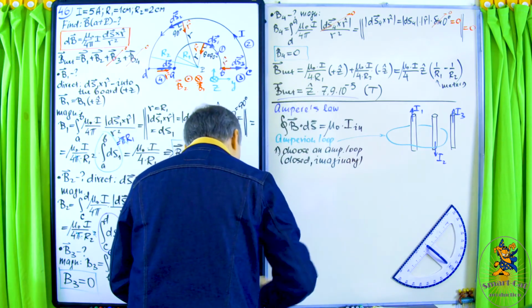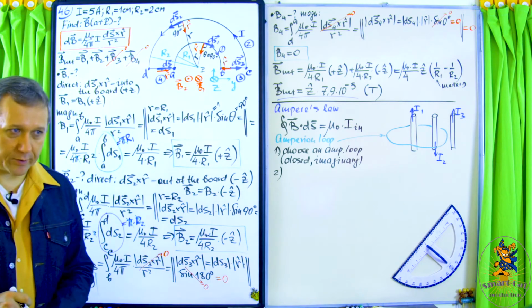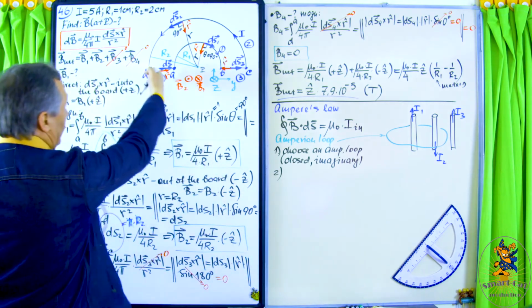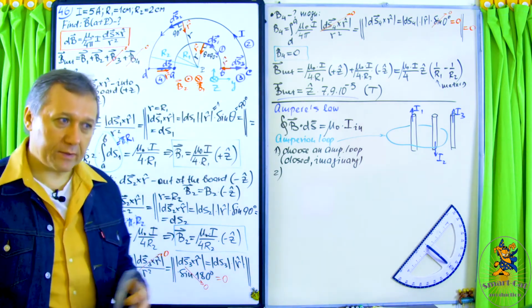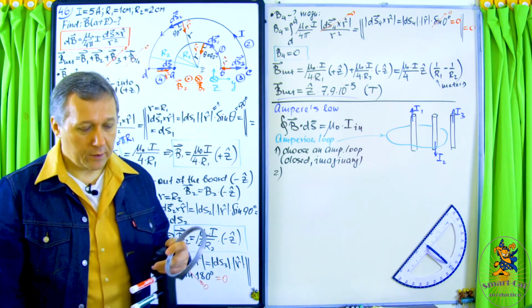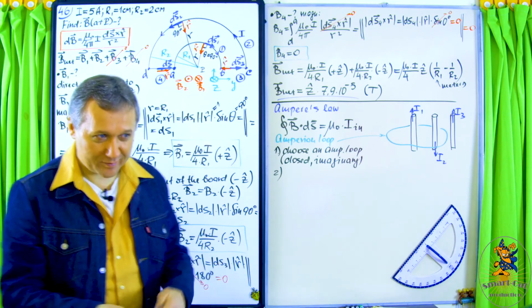So then, second, we need to choose direction of integration. Because whenever you have a loop, and if you start integrating, every time we integrate from A to B, from C to D, right? Every time, whenever you integrate over a line, you need to pick a direction. So this way or that way, basically clockwise or counterclockwise, right?